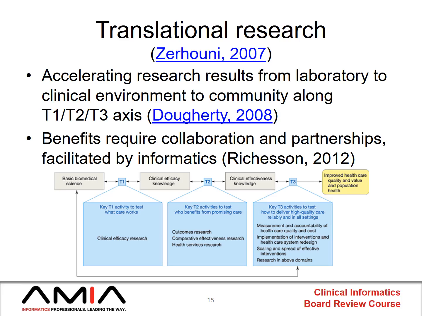There's then T2 translational research that focuses on taking research out of the controlled academic setting and into the community, and then T3 research that focuses on optimizing the delivery of healthcare.